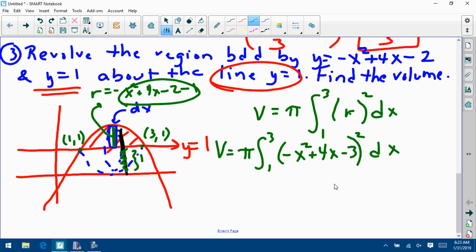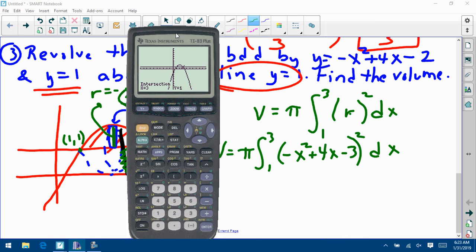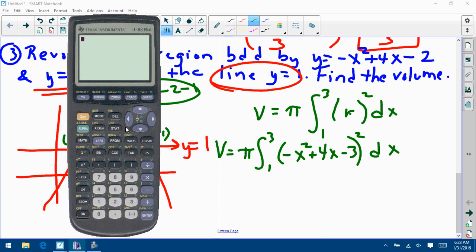You definitely could do this by hand. It's not u-sub, because if you let u equal this, you wouldn't have a derivative. But I could square this out, get what that actually is, and take each piece individually. So it's definitely doable by hand. But since you're mostly lazy people, we'll just do it this way. It's going to be math 9.